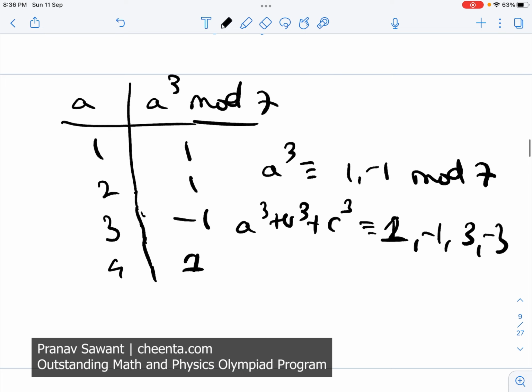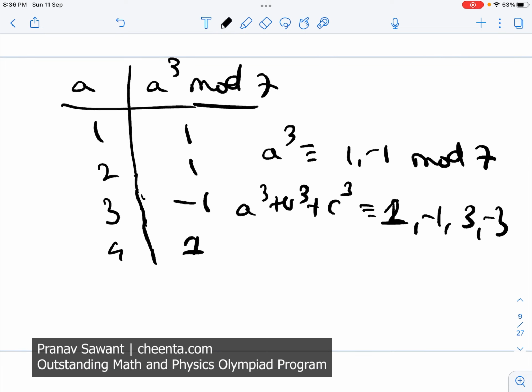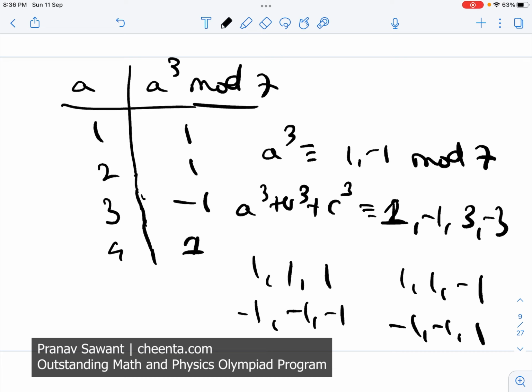Because you have a cube, b cube, c cube, right? So you have a sum of 3 cubes, and a cube we've seen is 1 or minus 1, right? So these 3 can either be 1, 1, 1, minus 1, minus 1, minus 1, 2 can be 1 and the third can be minus 1, or 2 can be minus 1 and the third can be 1. And really the sum of these 4 would only give us 1, minus 1, 3, and minus 3 mod 7. And you can really check that out.